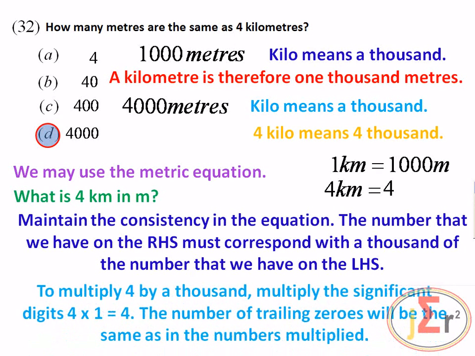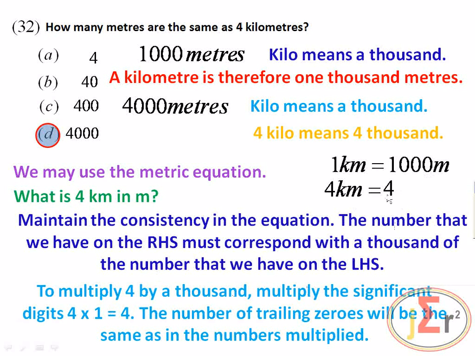To multiply 4 by 1,000, multiply the significant digits. And the significant digits are what? The 4 and the 1. We are multiplying 4 by 1,000. So 4 times 1 gives us 4. The number of trailing zeros will be the same as in the numbers that we multiplied.